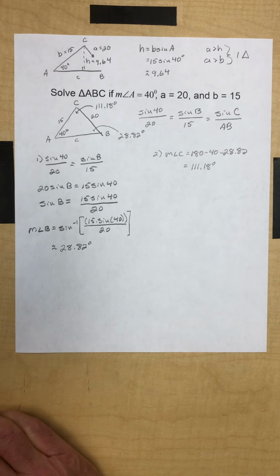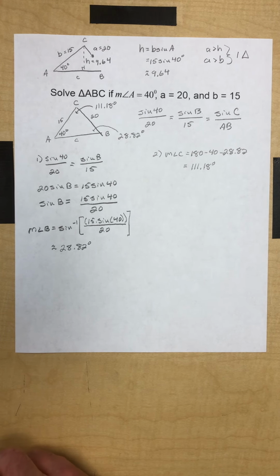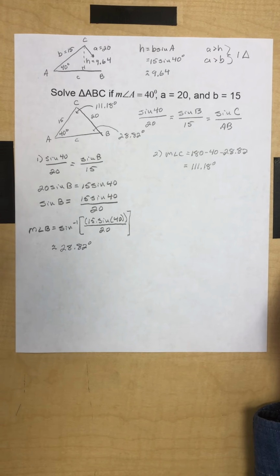I'll check that one more time just to make sure it's good. 180 minus 40 minus 28.82. Yeah, 111.18. So I feel pretty good about that.